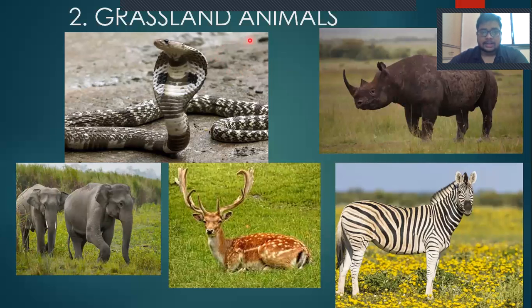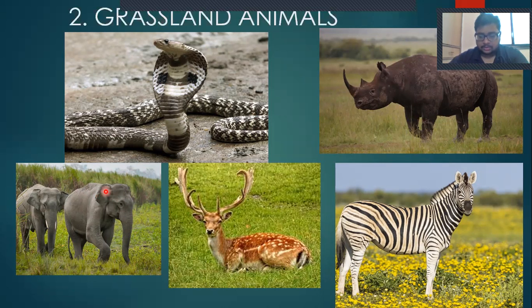The second is grasslands. Can you see this bush behind the elephant? These huge tall grasses. See the height of the elephant, and the tall grasses behind. This is a grassland. Grasslands are mostly associated with snakes, then deer, zebras, rhinoceros, elephants. There are many animals actually.